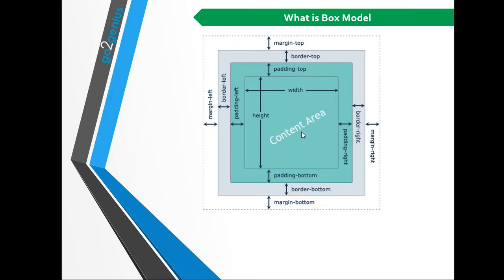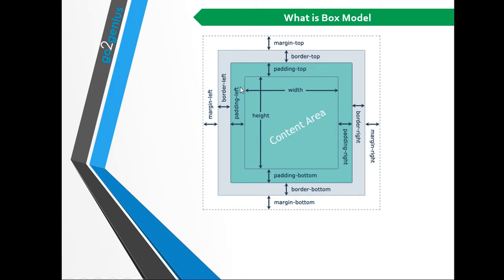So here we have a diagram. When you set the width and height by using the CSS property, that means you are setting the width and height of the content area. The actual width and height of the element increase when you use padding, border and margin. Here we can see the width and height, and when we give padding around the element, it increases the width and height of the element up to here.